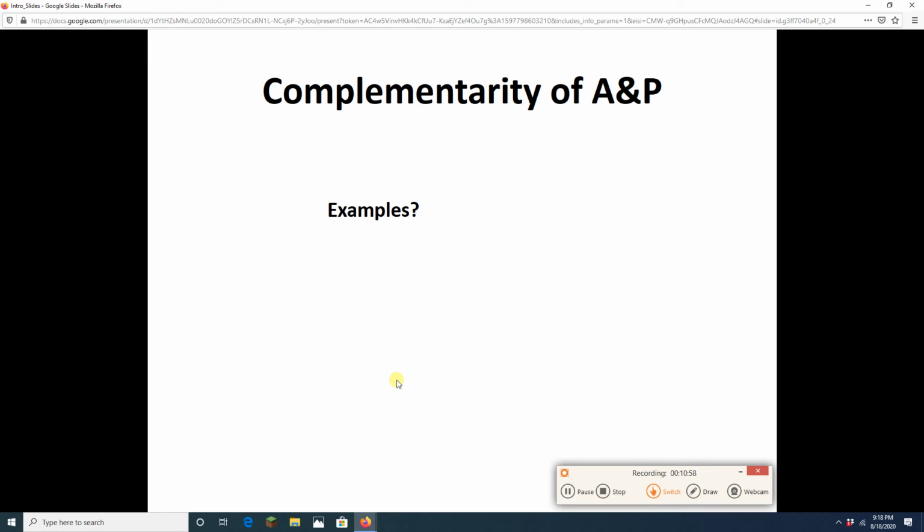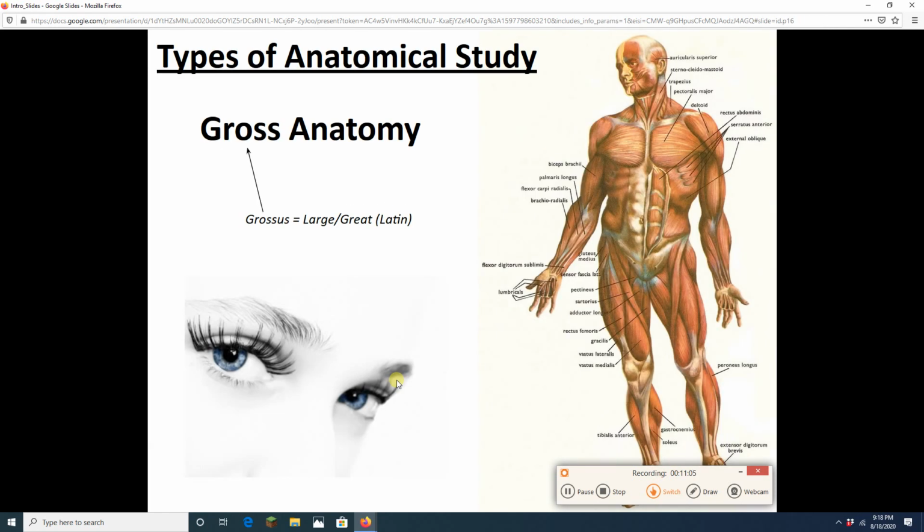All right, let's keep flying right along. Stop me if I'm going too fast, okay? So, when we're doing anatomy, which of course is the study of structure, there are some different types of anatomy. Number one, there is gross anatomy. The word gross, from the Latin grossus, which means large or great, is referring to things that are big.